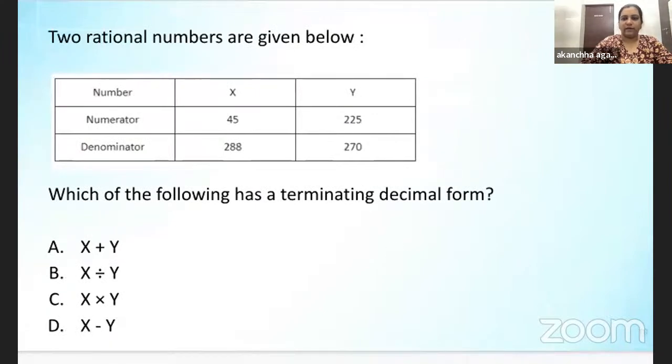So fine, if you have done the previous problem, it's the last problem, it's fine. But as many of you have requested, I'll just take this question again.